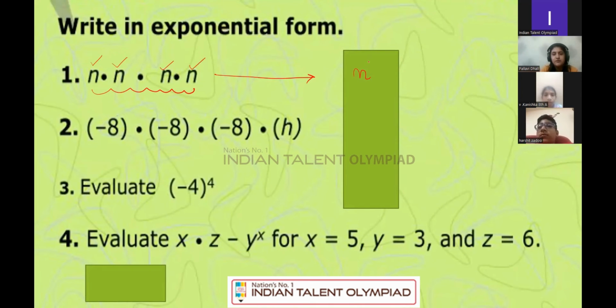So the power will be 4. Are we good here? Yes, ma'am. Okay. Anshul, can you guide me on the second one? -8 raised to the power 3. Yes. Perfect. Okay. Advika, can you please tell me the third one? How should I write it?